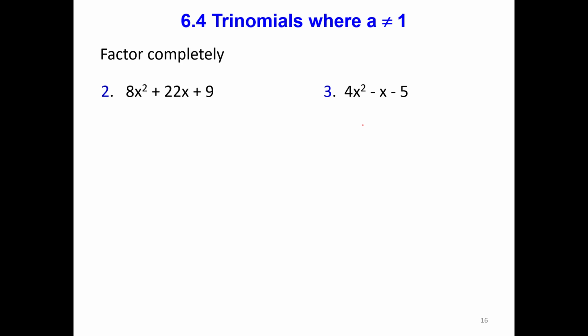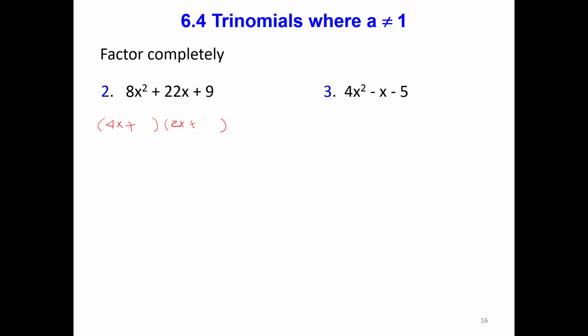Then now we had 8x squared. Then one possible combination can be 4x and 2x. Yes, this is one possibility, because 4 times 2 is 8, x times x is x squared. Here is positive, here is positive.